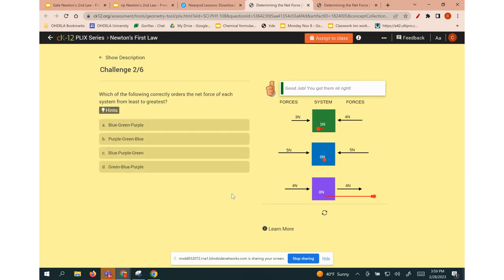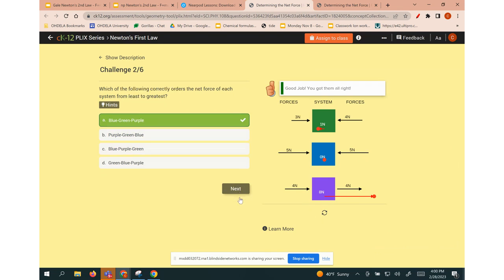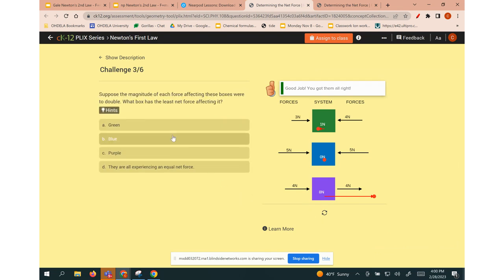All right, which of the following correctly orders the net force in the system from least to greatest? So the blue is the least, then the green, then the purple. Blue, green, and purple. There we go. All right, next one. Suppose the magnitude of each force on the boxes were doubled. Which box would have the least net force acting on it?